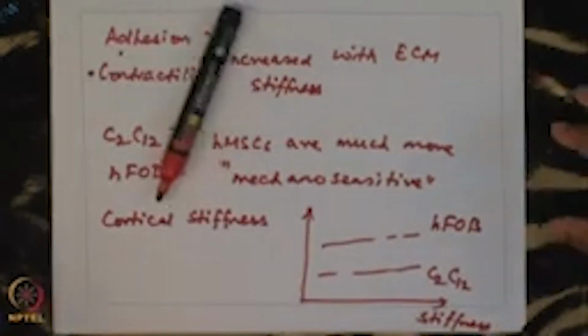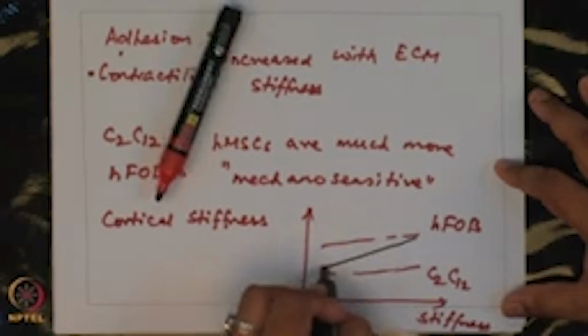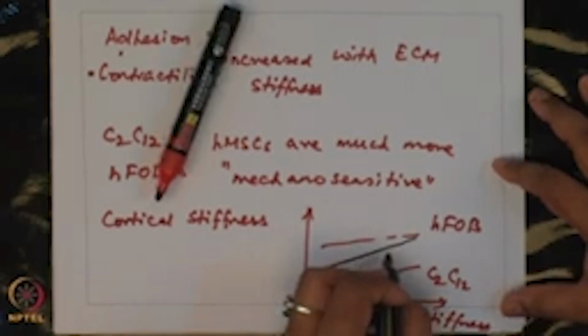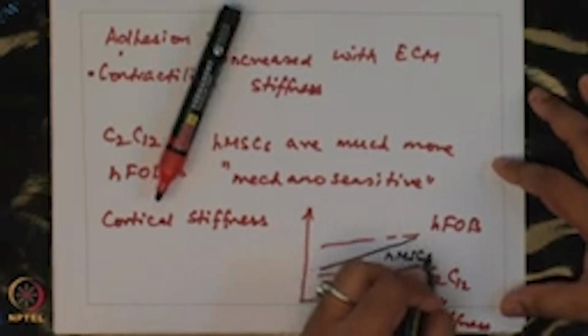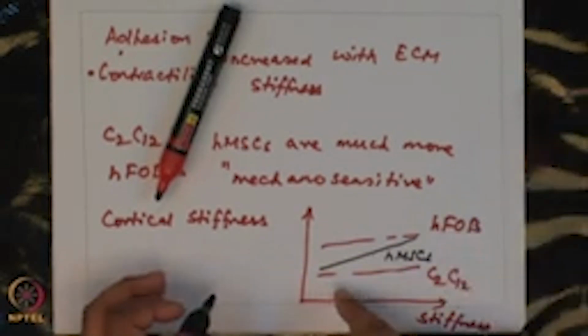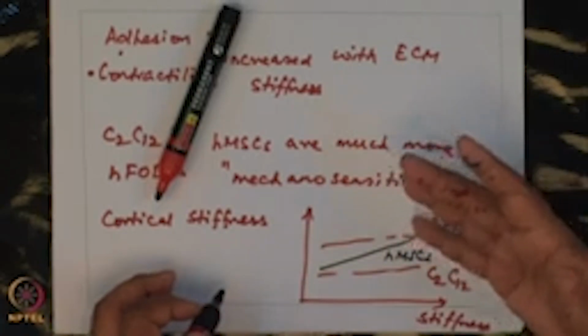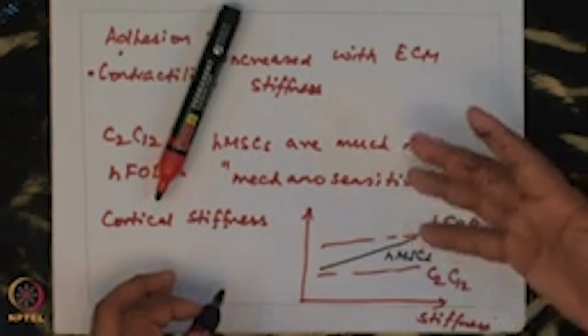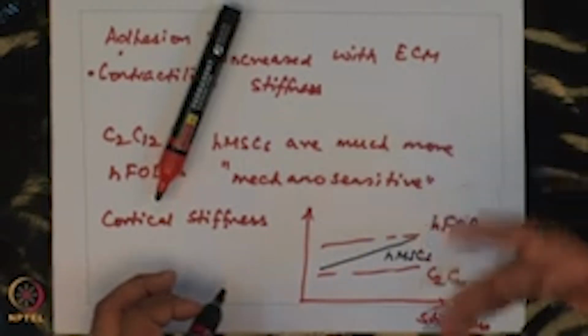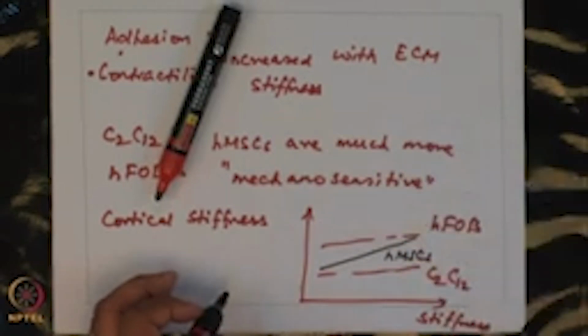However, your stem cells exhibit an intermediate phenomenon. HMSCs possess properties of muscle cells on softer surfaces and properties comparable to HFOB on stiffer surfaces. So, this suggests that the stem cells are more mechanosensitive.